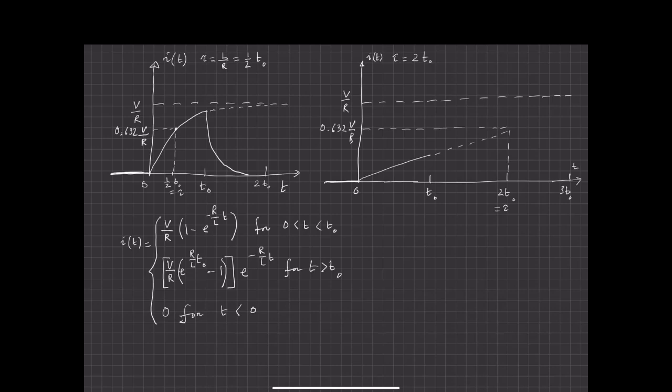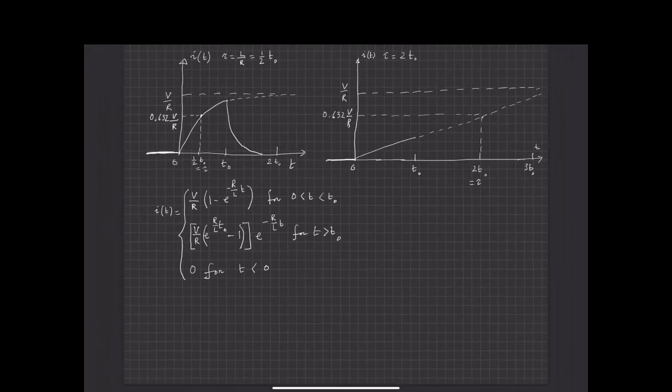And if the second response wasn't there, this would go on its merry way towards V over R. Okay? And at this point here, it would have its value of 63.2% of V over R. But at T naught, the other exponential jumps in.